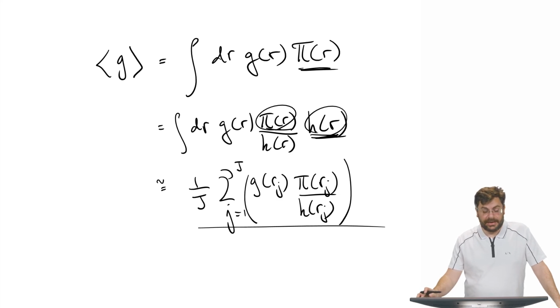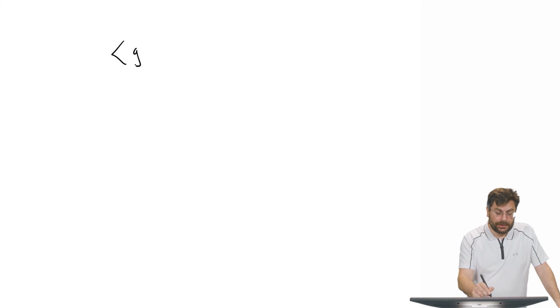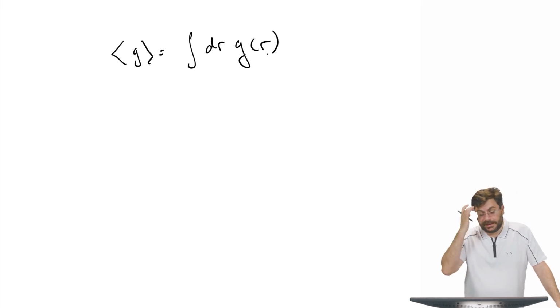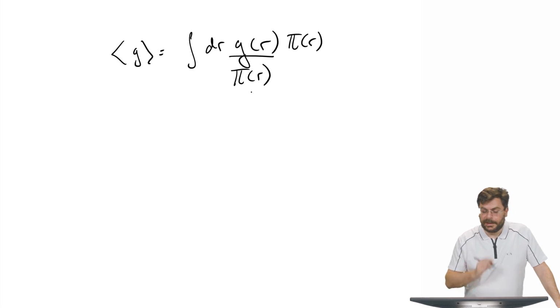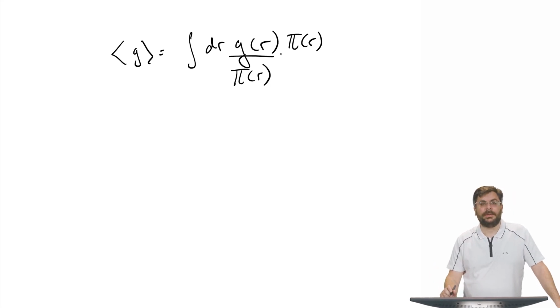What if I'm not taking the average of anything? What if I'm just performing an integral like this? What do I do then? Well, something very similar to what we've just talked about earlier. Perhaps I can divide and multiply by the same probability distribution.